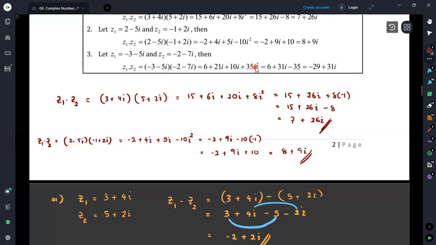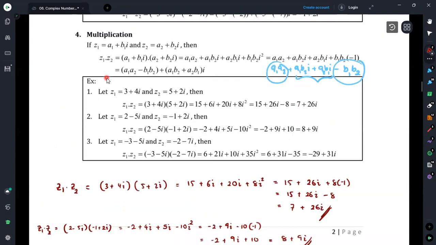But instead of using i squared, we can replace it by minus 1. Then we'll get plus 6, then 21i plus 10i, altogether 31i. Then 35 i squared will become minus 35. Then we'll get the final answer as minus 29 plus 31i.